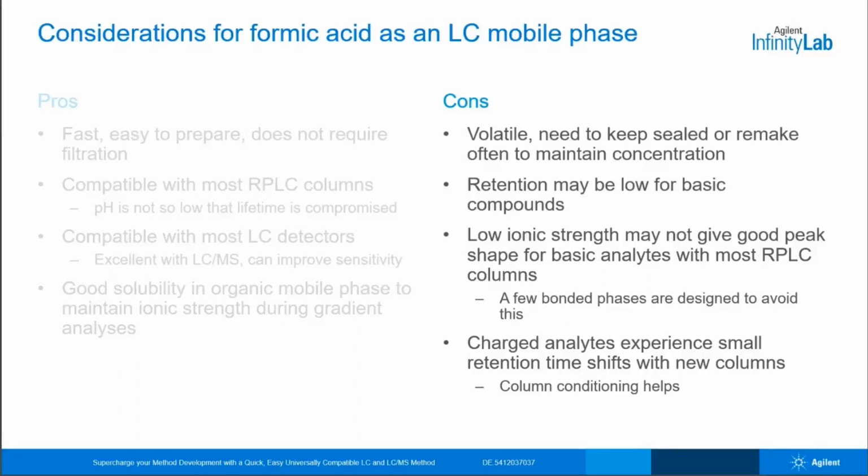The good news is that there are a couple of column bonded phases that can help avoid this. Also, charged analytes, both acidic and basic, may experience some initial retention time drift on new columns. There is help here too, as column conditioning can bypass this. Let me show you some tips and tricks for how to be successful with your formic acid mobile phase.